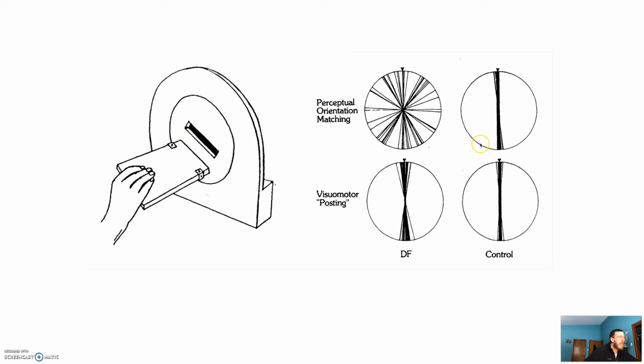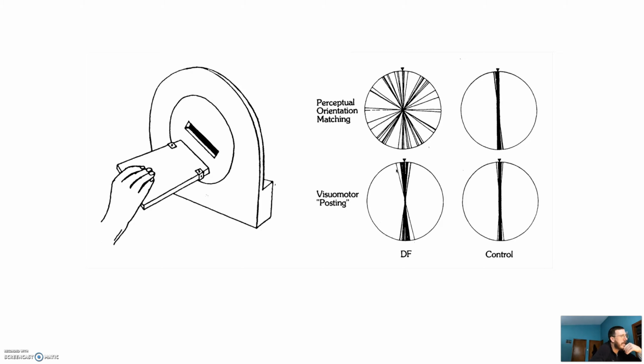However, when you instead ask the patient to indicate, without posting the letter, just to say with a keyboard which direction the orientation is, now she has great difficulty, and she indicates basically randomly which orientation the mail slit is. So it seems that when she can physically interact with the world and reach out and grab something, she's able to do it, but when she actually has to observe the world in front of her and report it, she isn't.